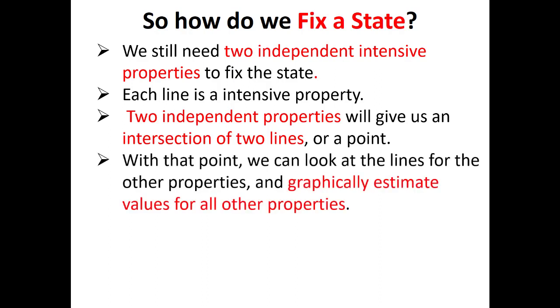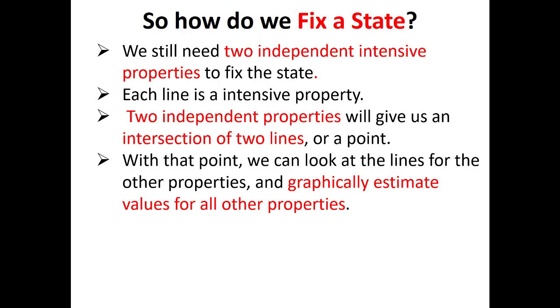That's going to be my state point. And if I want to graphically estimate any of the values, once I have a point, I can look at where the different lines for different properties are. I can say, well, maybe this is halfway in between these two lines, and I can make a reasonable estimate about what these different properties might be.